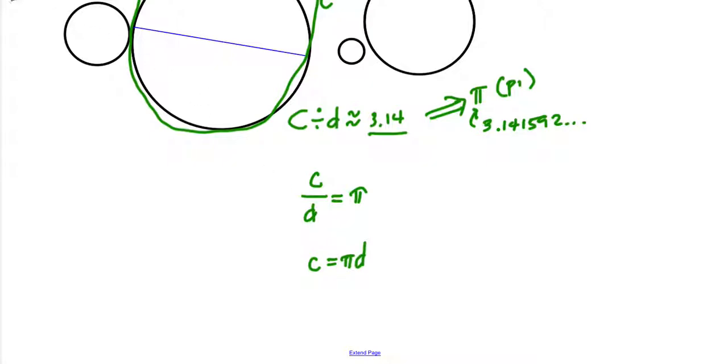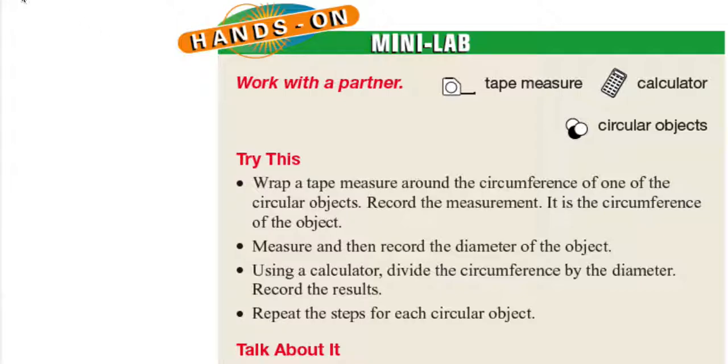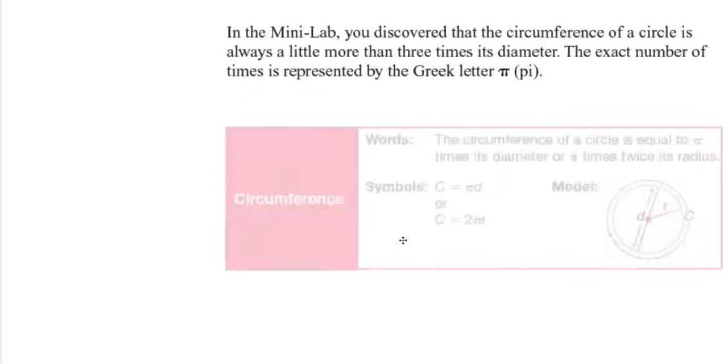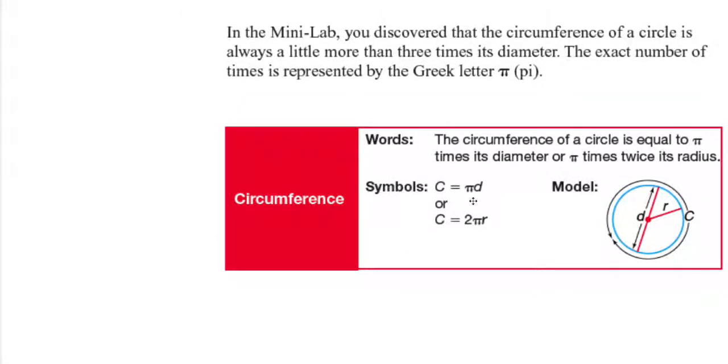Which brings us to our formula for the circumference of a circle. So we notice that the formula for our circumference would be pi d, as was explained.